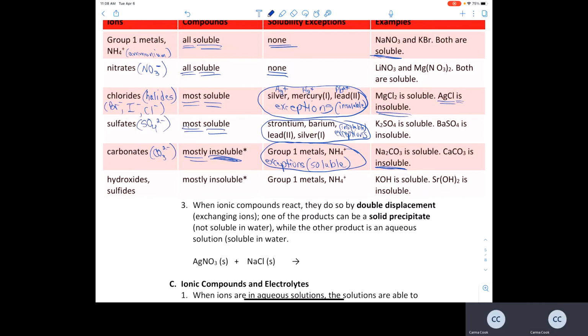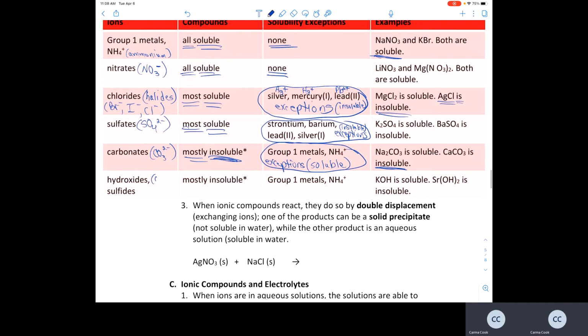The exception here: if a carbonate polyatomic anion is paired with a group 1 metal like lithium or potassium or sodium, or if it's paired with the ammonium NH4 plus polyatomic cation, then the ionic compound will be soluble.